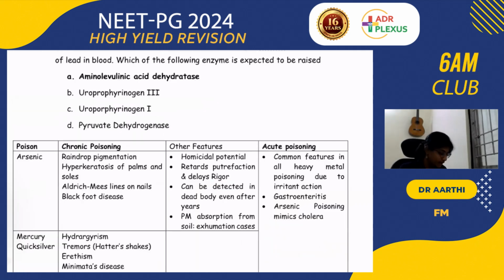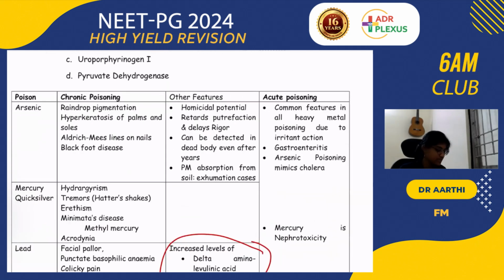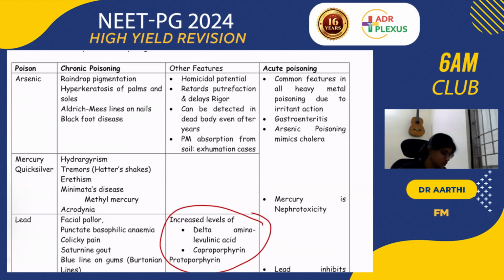Now, I would revise this quickly with you because a lot of questions come from metal poisons. Raindrop pigmentation, hyperkeratosis, all these things are seen with arsenic. If they give skin and nails, a golden hair and nail, Aldrich Mees lines on nail, black foot disease, raindrop pigmentation, think about arsenic.